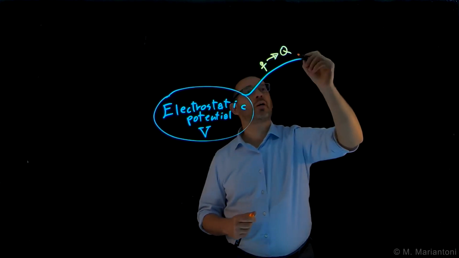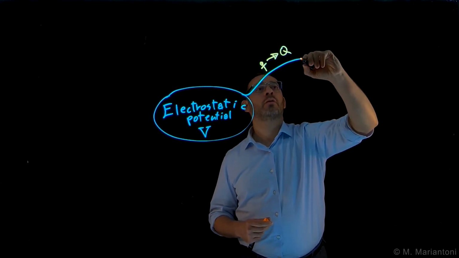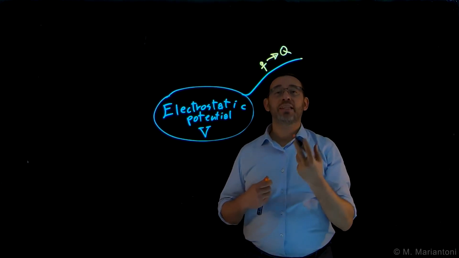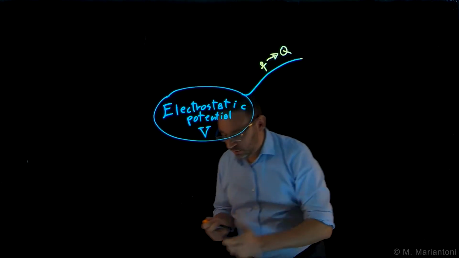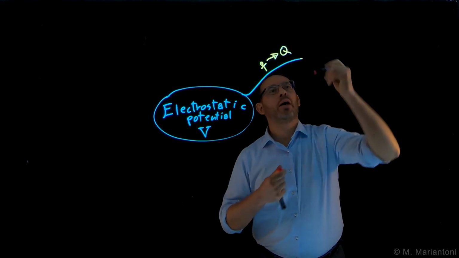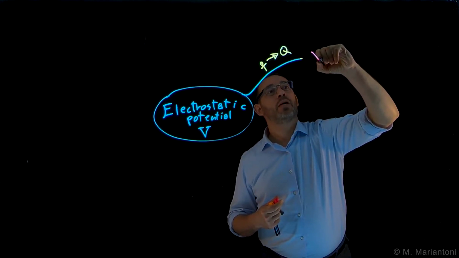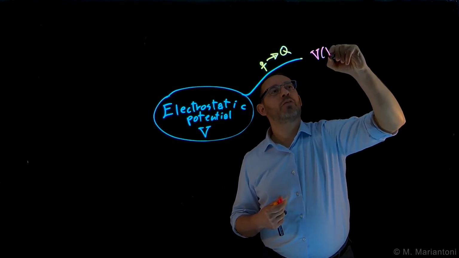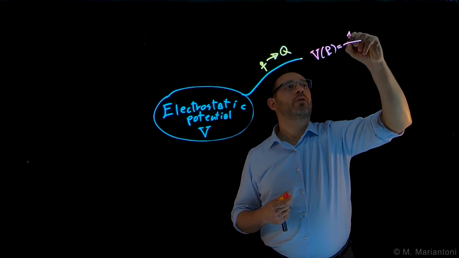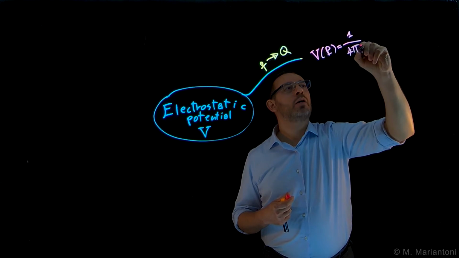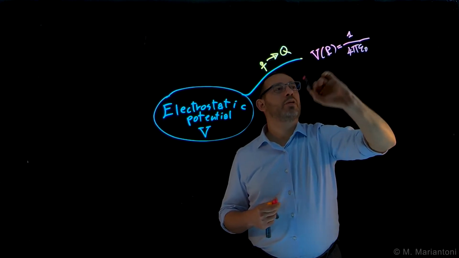In this case, as it turns out, we can write down a Coulomb-type electrostatic potential, which is given by V at any observation point capital P in space equal to 1 over 4 pi epsilon naught, as in Coulomb's law. But now it's easier because it's a scalar.